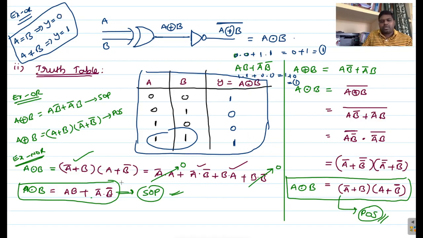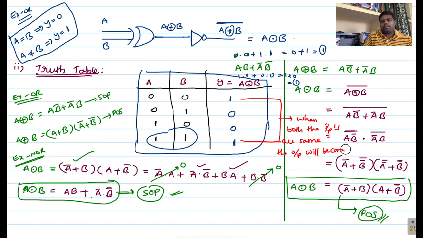So from these two conditions we can write: when both the inputs are same, the output will become logic 1.